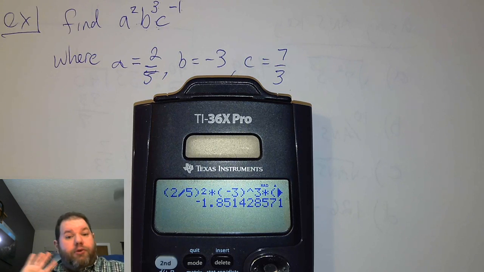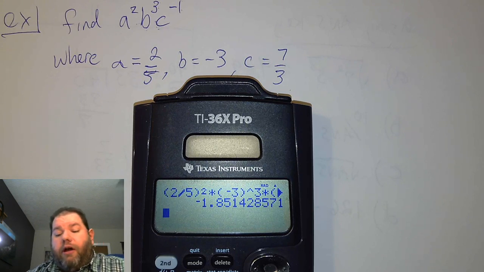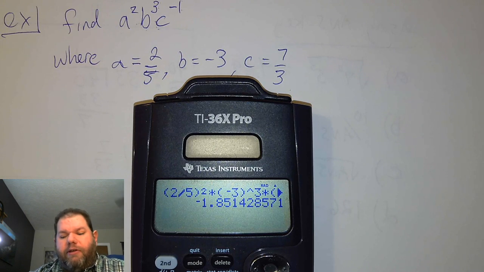Now, ideally, we're doing this all in one operation on the calculator, like we did this, like all 3 steps together, and then just hit enter one time. If you're not sure, or if you're not positive that you've got the correct answer, then you can find a squared, you can find b cubed, and we can find c to the -1.